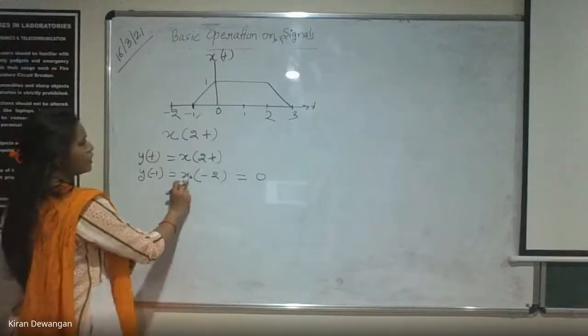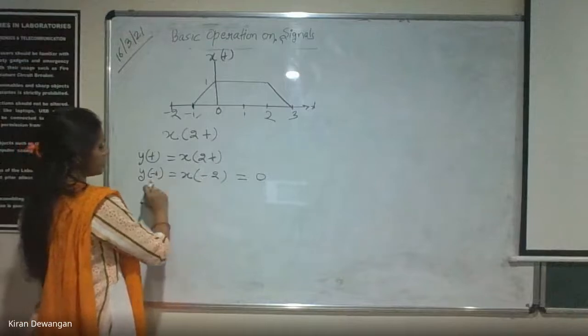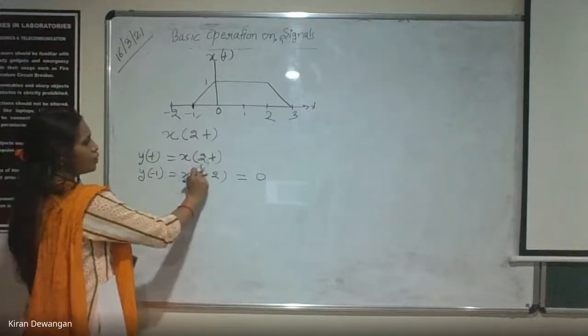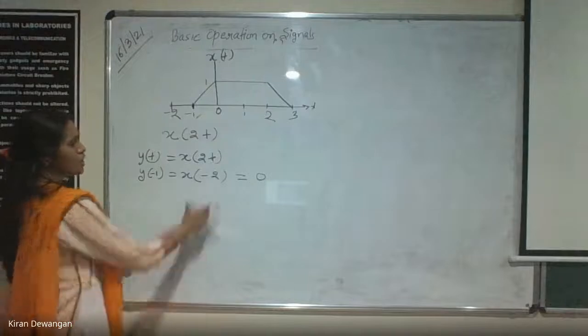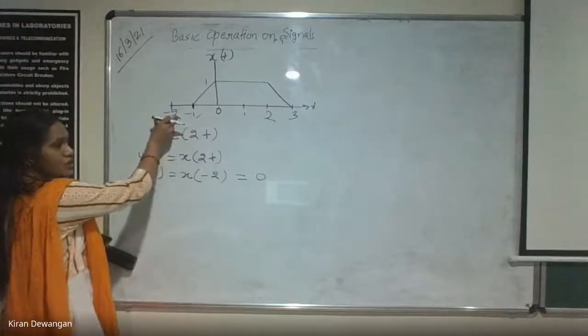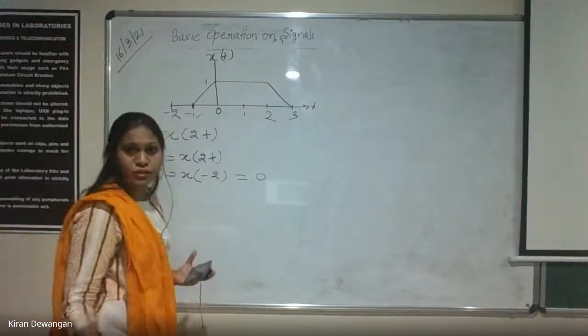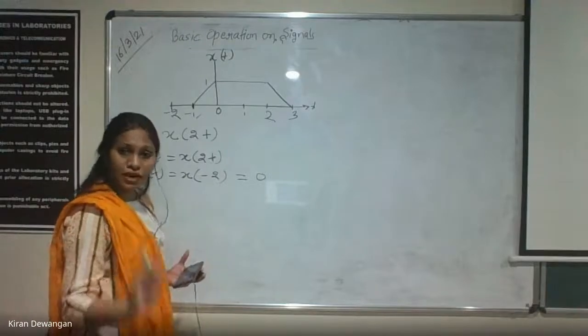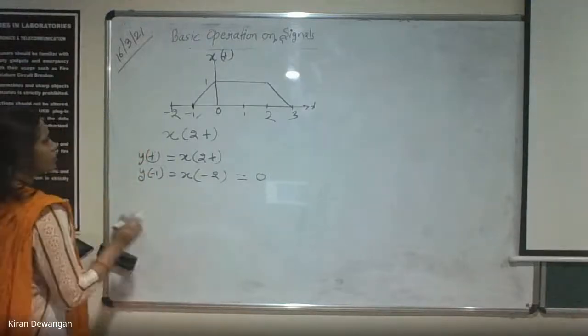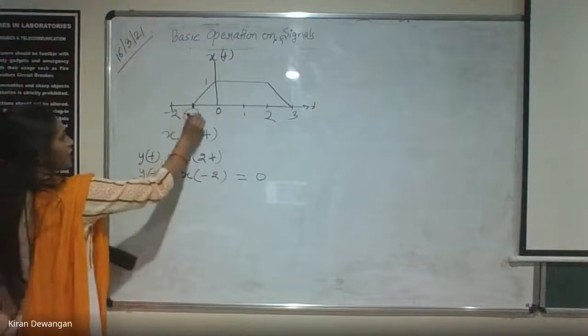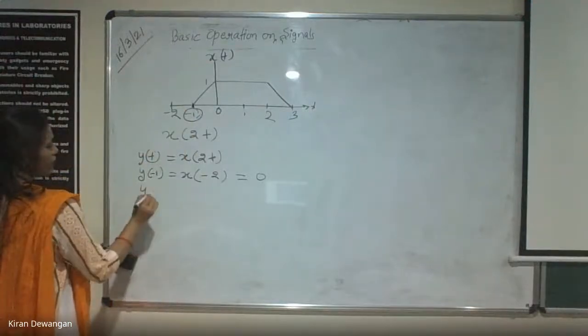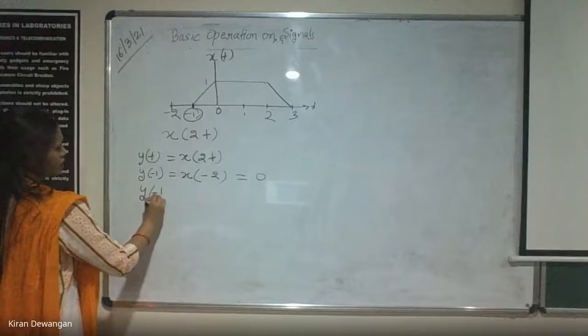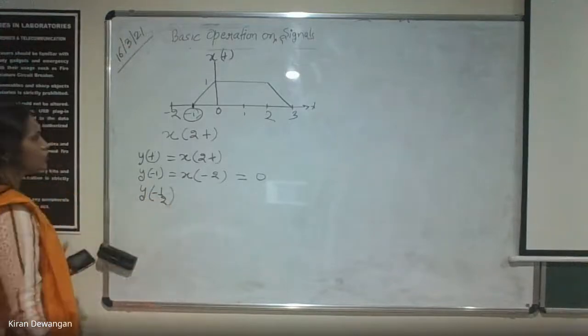Now if you keep -1 in place of t, 2 into -1 will be -2, and we know x of -2 doesn't exist. We don't have any value at t equals -2. So this is 0. To get the start, we have to keep -1/2.